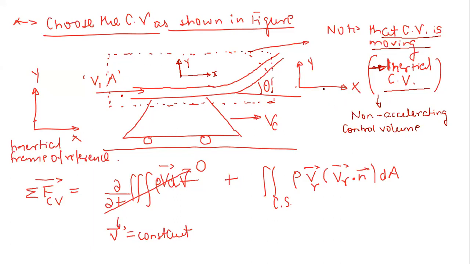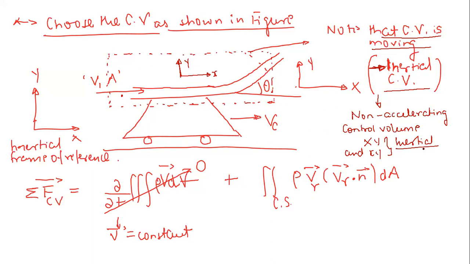So we will call this frame of reference, the xy frame of reference, and the XY frame of reference, both capital XY and small xy, inertial frames of reference, or you can say they are inertial in nature.